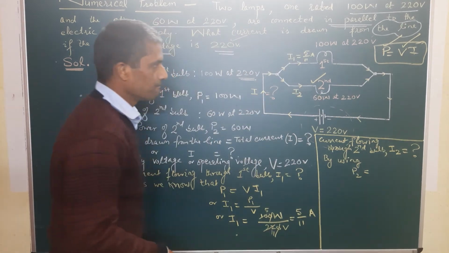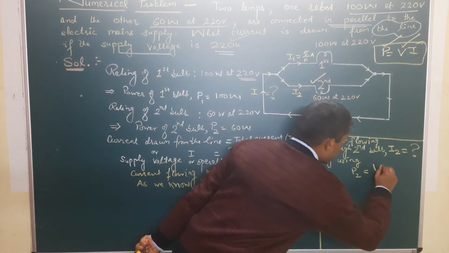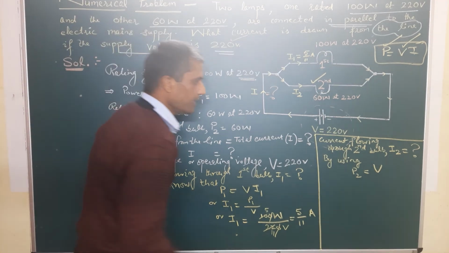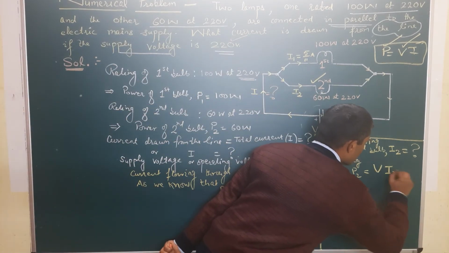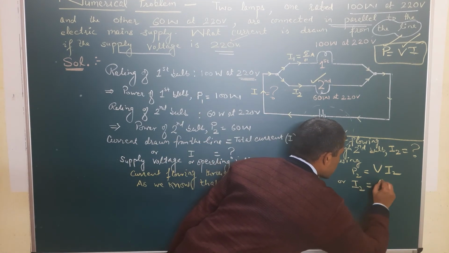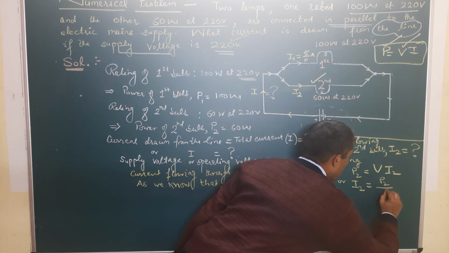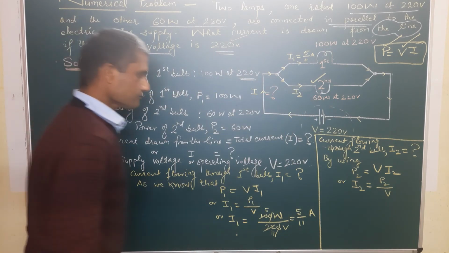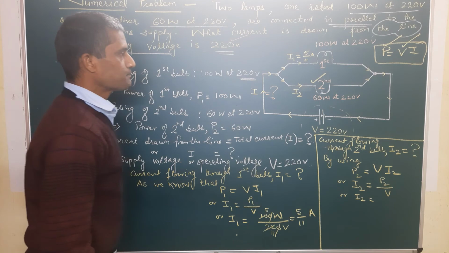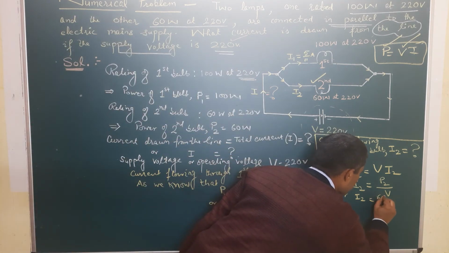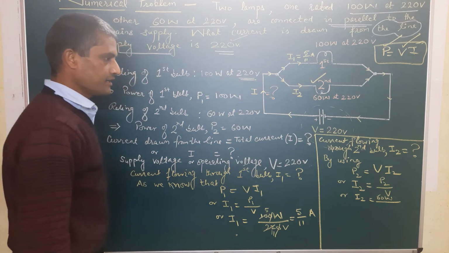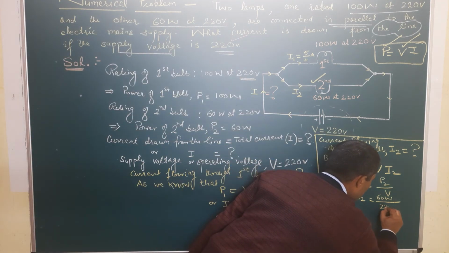So here, P2 is equal to V, the potential difference remaining the same thanks to the parallel combination they are in, and it is I2. So I2 is equal to P2 upon V. What is P2? It is 60 watt, and V is equal to 220 volt.